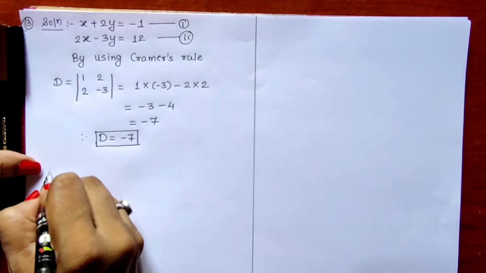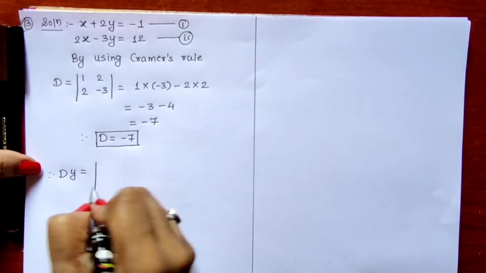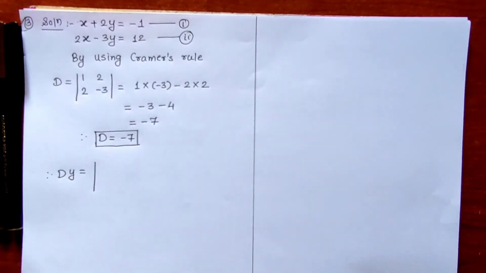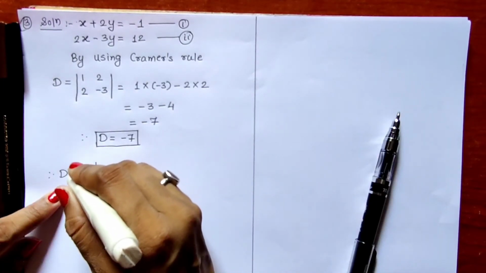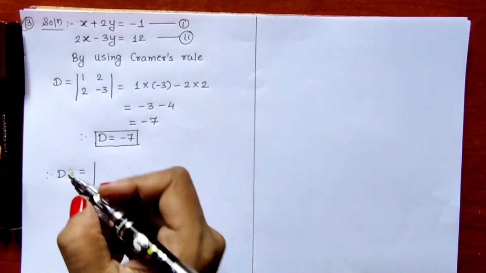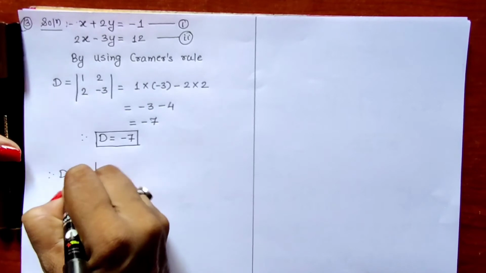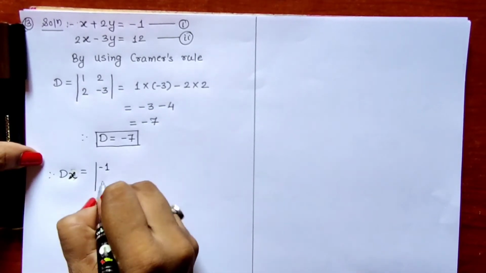Now let us find out dy. Dy is, sorry, first dx and then dy. In dx first we write constants, minus 1, 12.